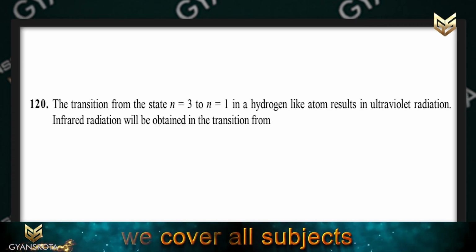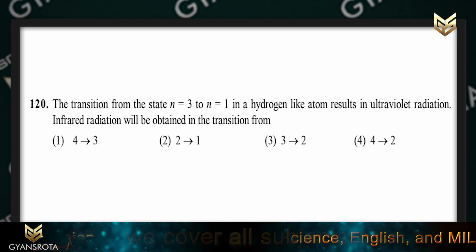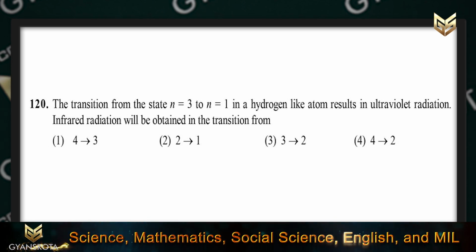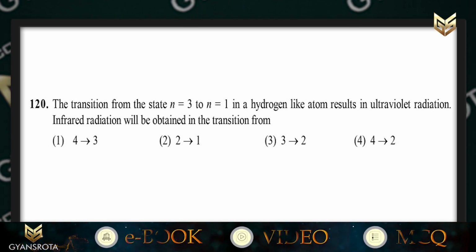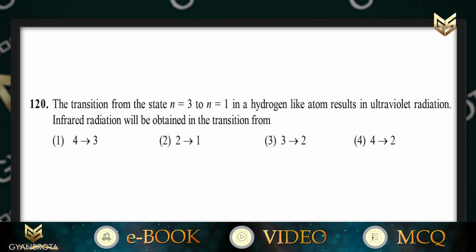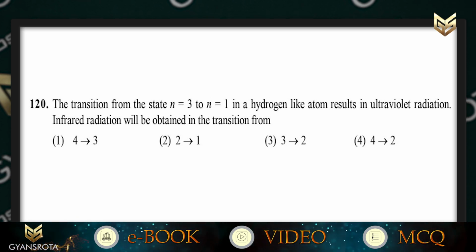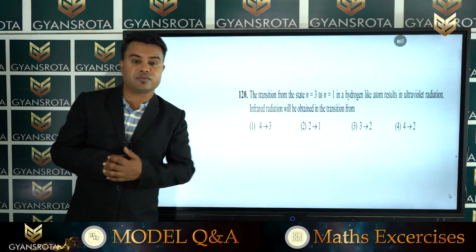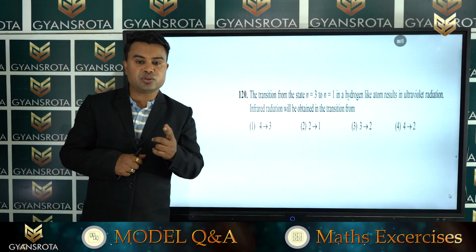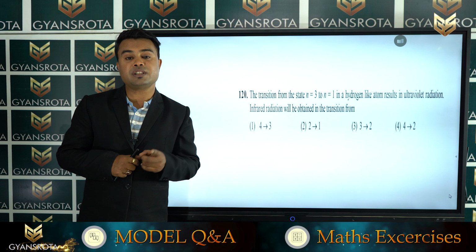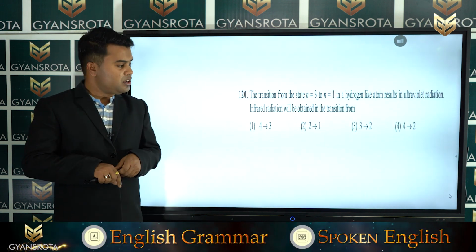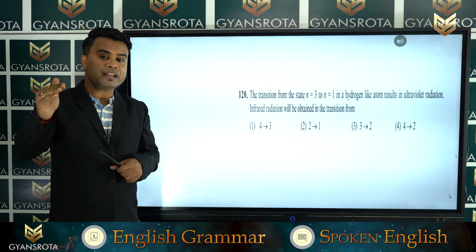The transition from the state n equals to 3 to n equals to 1 in a hydrogen like atom results in ultraviolet radiation. Infrared will be obtained in the transition from. Now you need to know which series it is falling in. N3 to N1 is in the Lyman series, and then see the options.